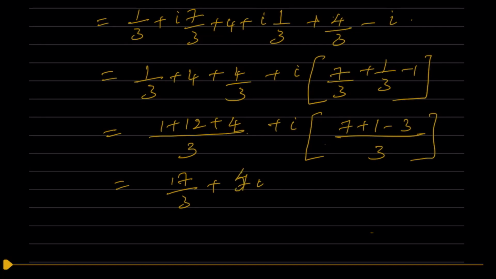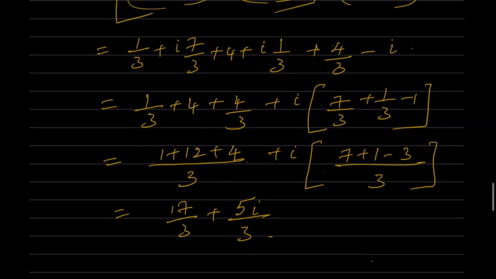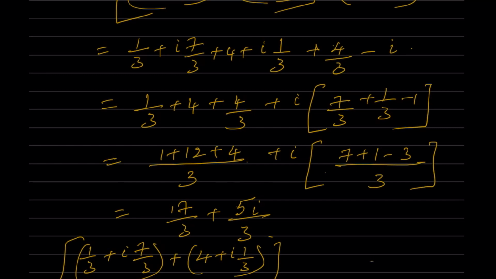So we get 5i by 3. Therefore we can write this as 1/3 plus i into 7/3 plus 4 plus i into 1/3 minus of minus 4/3 plus i, which is equal to 17/3 plus 5i/3.